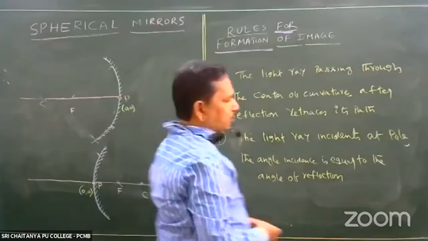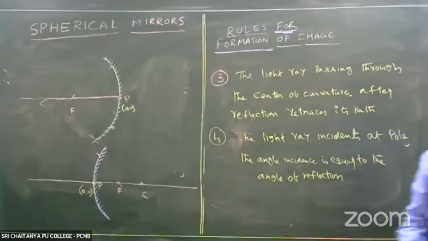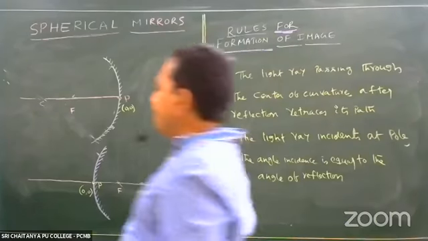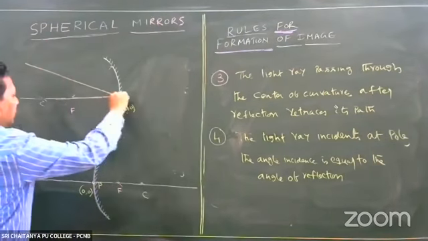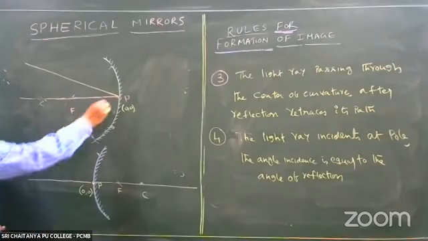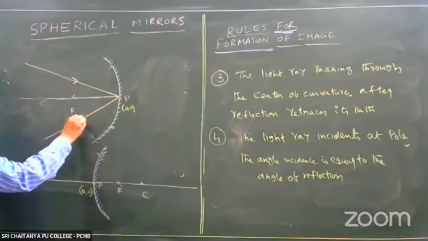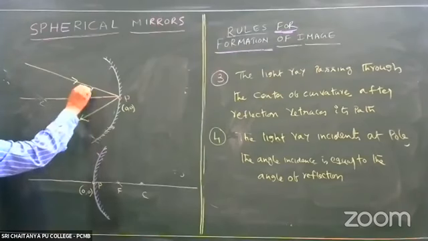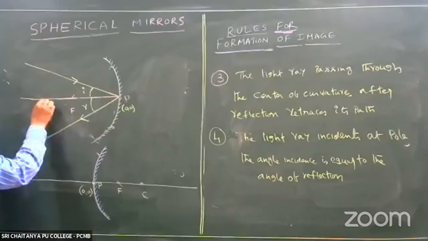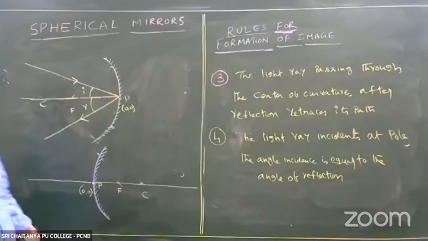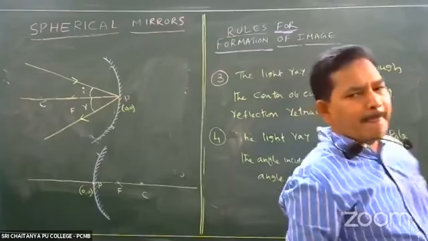What is the fourth rule which we follow? If the light ray falls near the pole, after reflection the angle of incidence is equal to angle of reflection. Fourth rule for the formation of image.